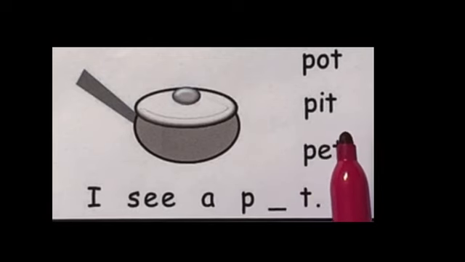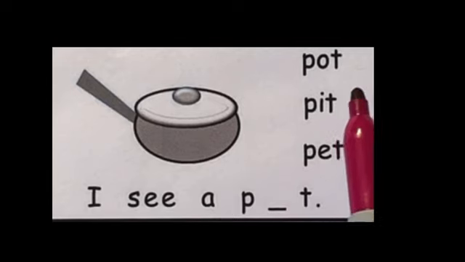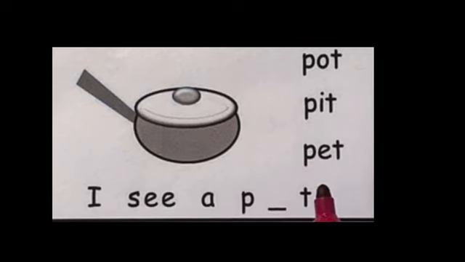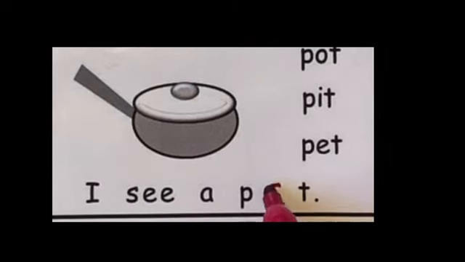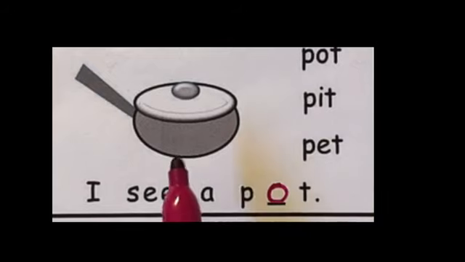P, it, p, et. Pot, pit, or pet. The one that makes sense and would fit in this sentence is pot. I see a pot. We checked the picture, we checked the sounds, and we checked to make sure it had the same meaning as the picture.